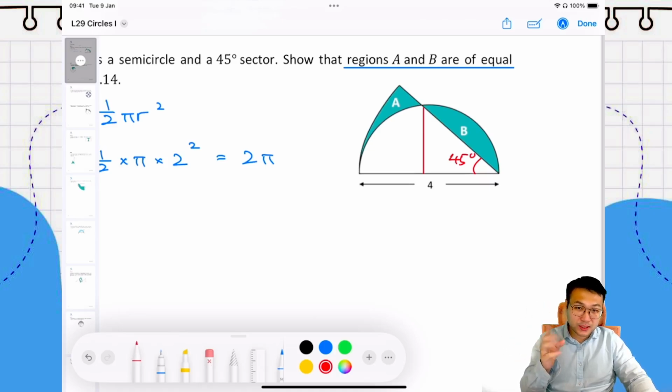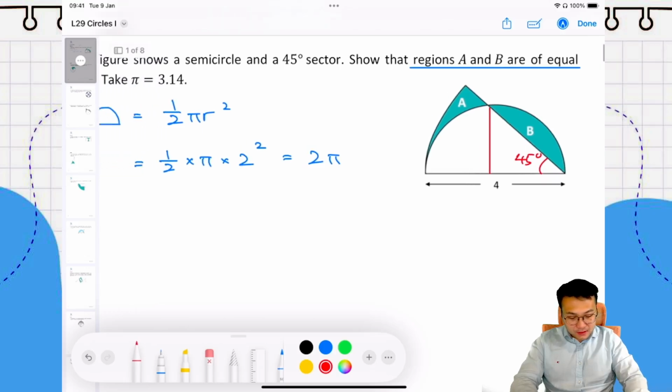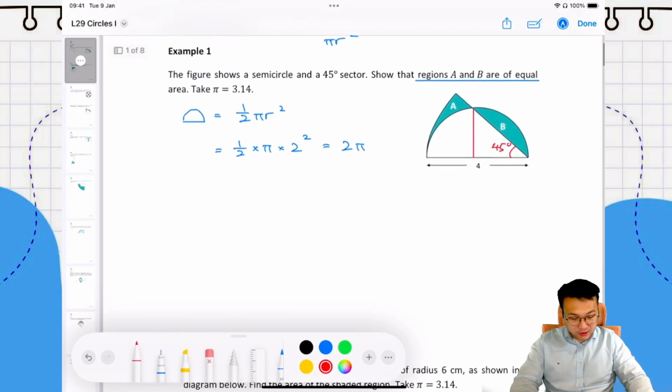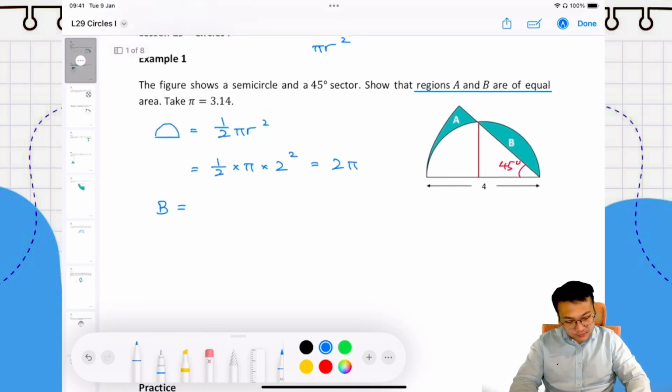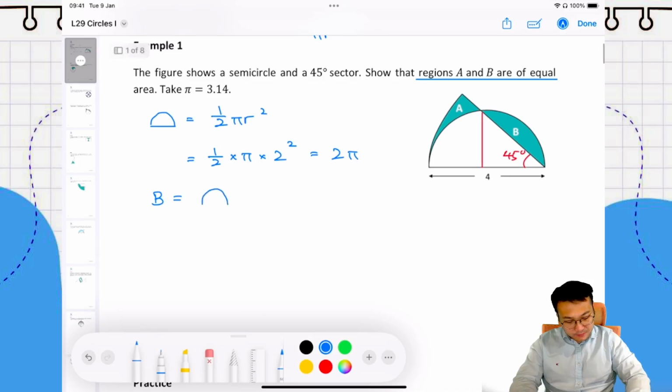We also recognize what is a triangle, right? So if I want to find the area of B, what can I do? I can actually take the semicircle minus the area of the quadrant and minus the area of that triangle. Then I will be able to get the shaded area B. Do you agree? So you already know the area of the semicircle, right? Which we just found.